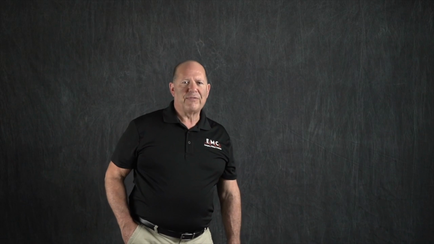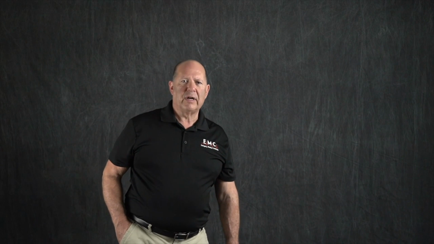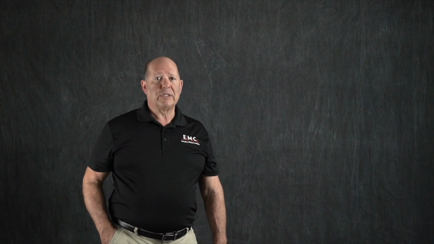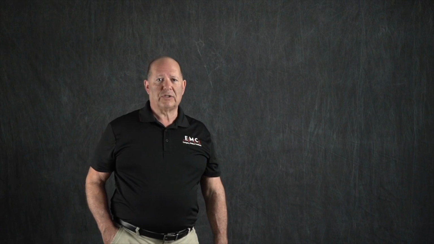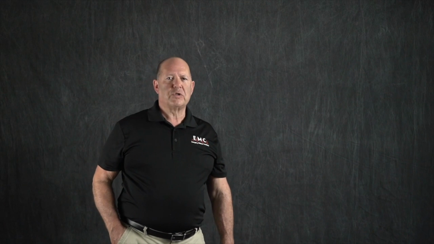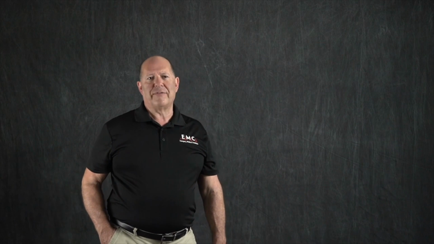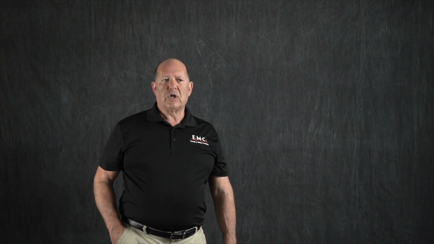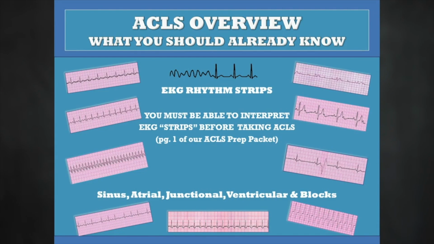So in this section, we finalize putting it all together and overviewing the key points that you should be ready to test on, as well as the algorithms you should be ready to manage as a live case. Remember that you need to be able to interpret EKG rhythm strips when you get to your ACLS evaluation, whether we're talking about the written exam or case management with the patient sitting in front of you.